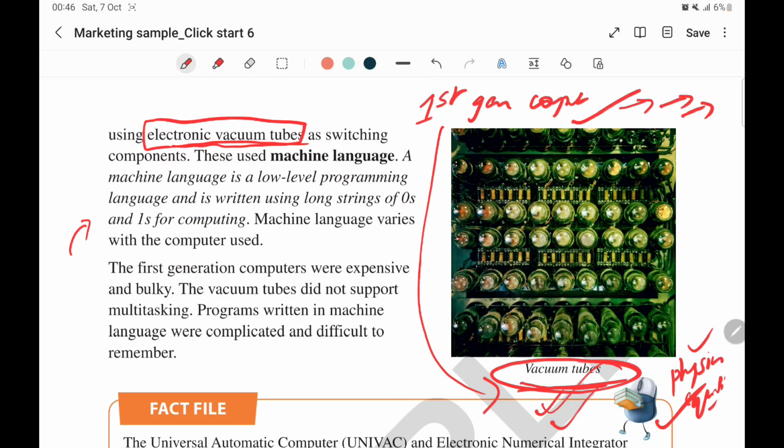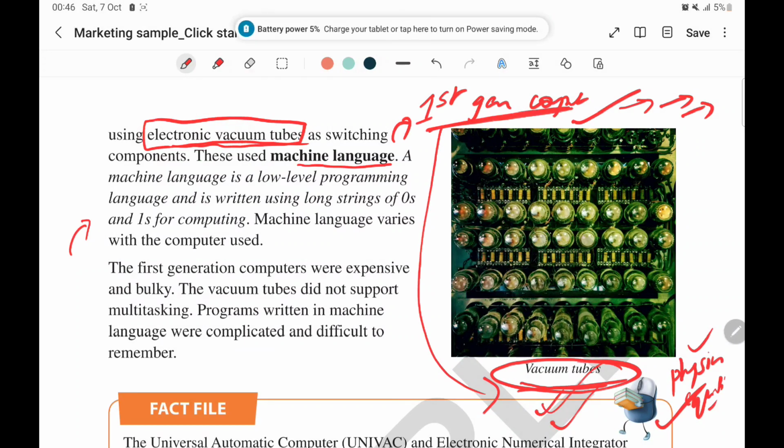And one language was also used along with the vacuum tubes to solve the physics equations. That language was machine language. If the question comes which type of language is used in first generation computers, the answer is machine language.